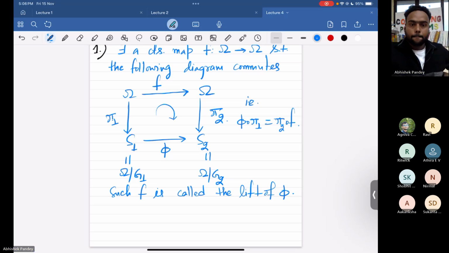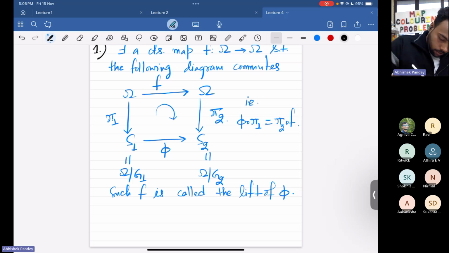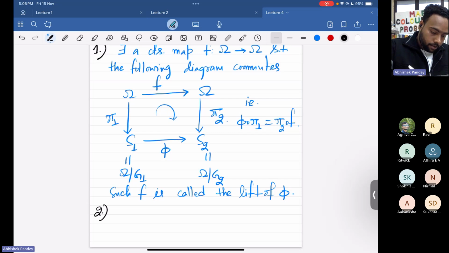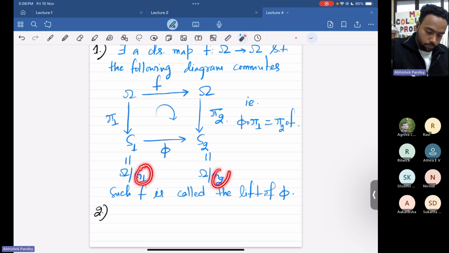Okay, there's one more thing. From this phi we are getting a continuous map F. So phi induces a continuous map F, and also a homomorphism between these groups.